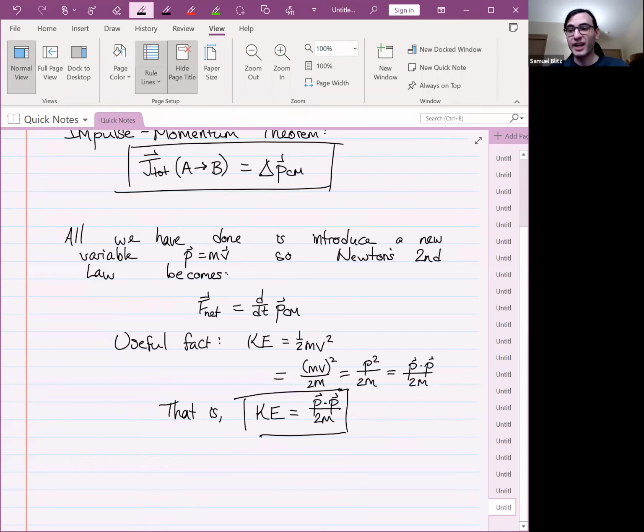So that is to say, work doesn't really have a third law equivalent. I've mentioned that before, but if there were a third law equivalent, if every work were equal and opposite, then internal works would always cancel each other out, because anytime one object does work on another object, the second object also does work back on the first object.